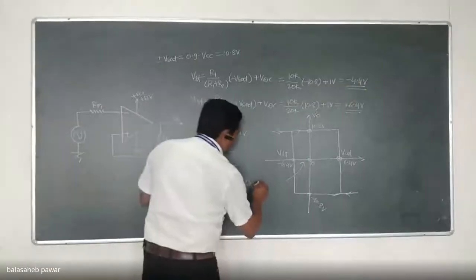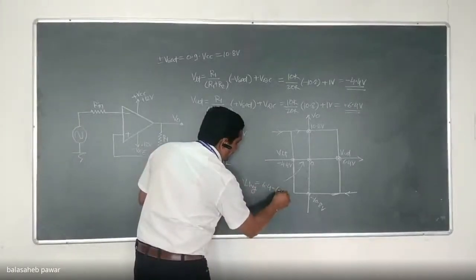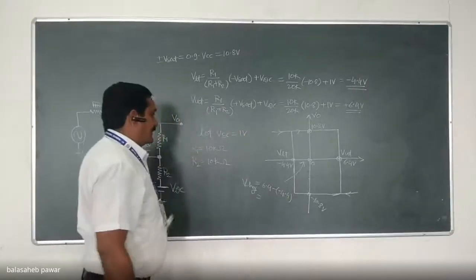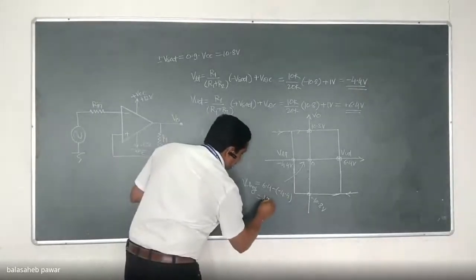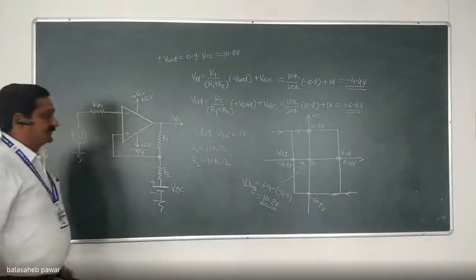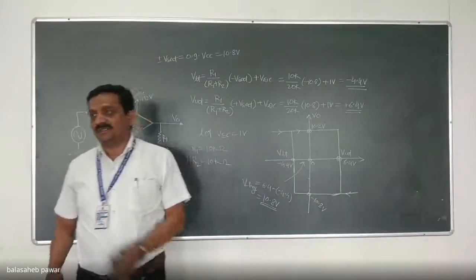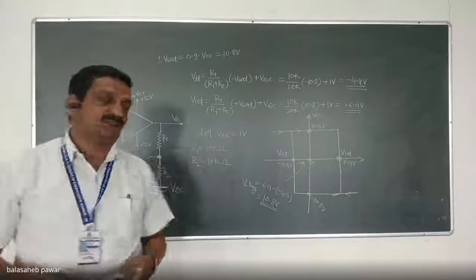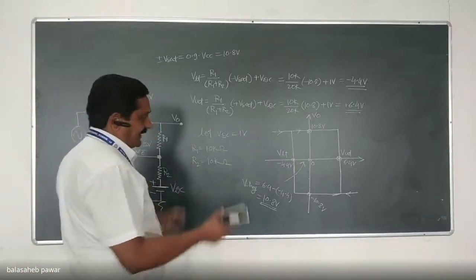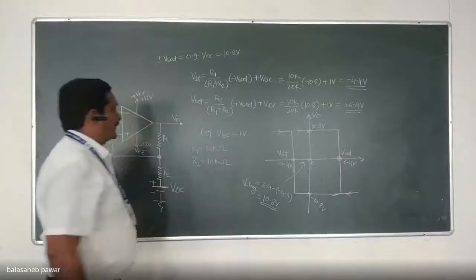It will be equal to VUT minus VLT, and that is nothing but 6.4 minus 4.4, and that will be equal to 10.8 volts. Yes, it will be 10.8 volts. That is the hysteresis voltage. So you can calculate that hysteresis voltage for symmetrical also. Just add that VUT and VLT, and that is nothing but that VHY. Correct?